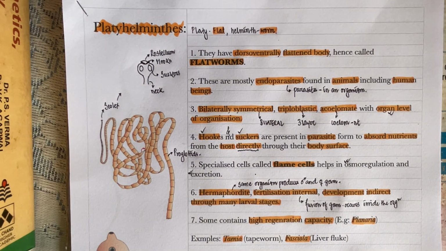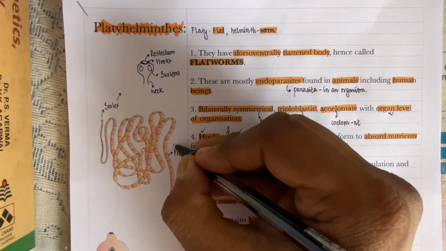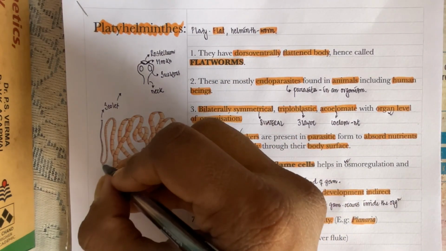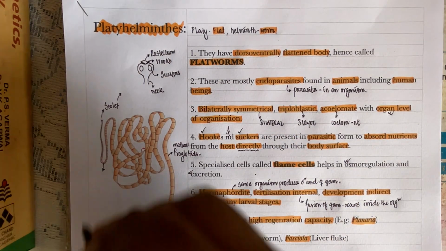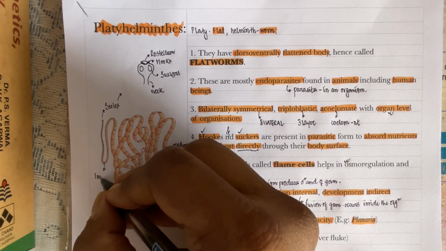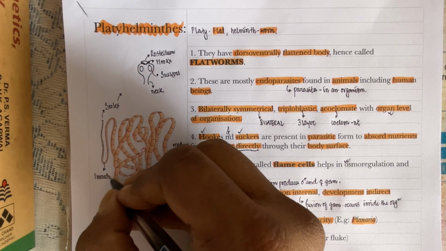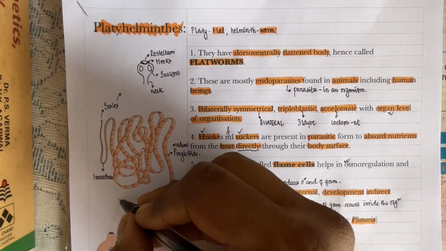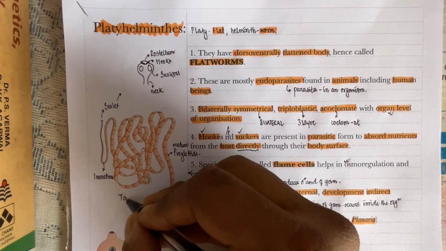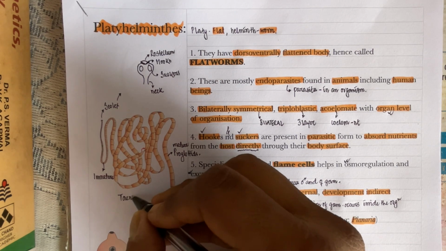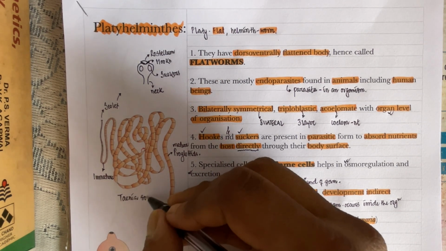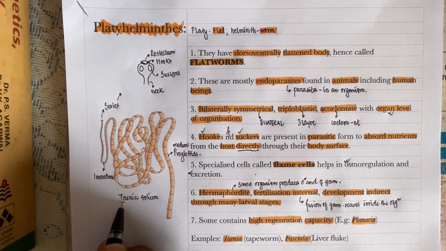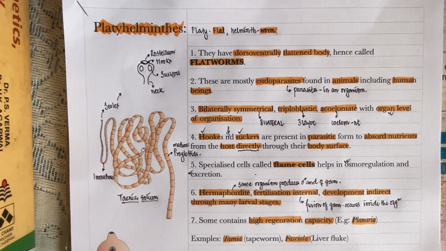The ones present in the lower part of the organism are mature, and the ones present near the neck are immature. This is the example of Taenia solium. Obviously this is the scientific name, so I have to underline it.